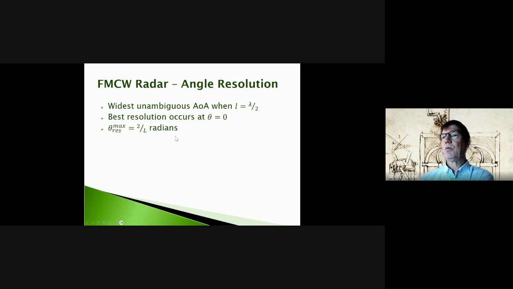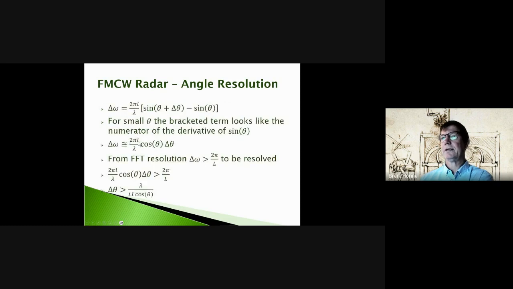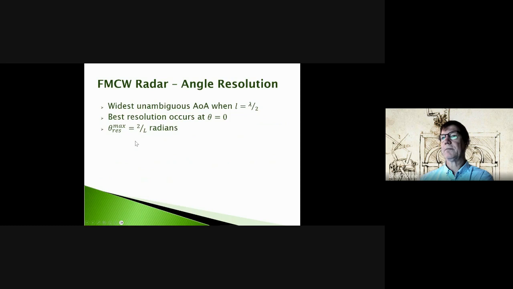And then we're going to see that our max resolution is going to be approximately equal to 2 divided by L, right? Well, it's not really approximate. It's other than this approximation we made there, but that's going to hold pretty well.